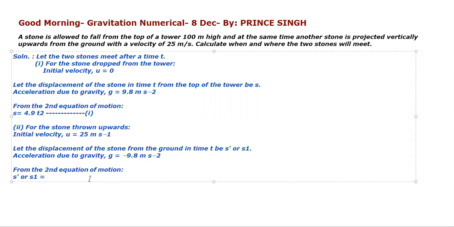So s dash or s1 will be 25t minus 4.9 t square. And this will be our equation number 2.